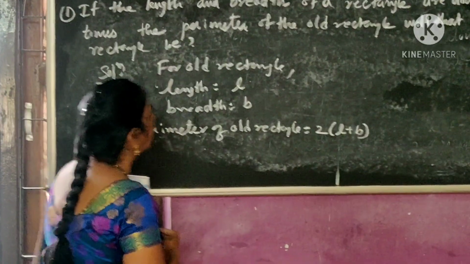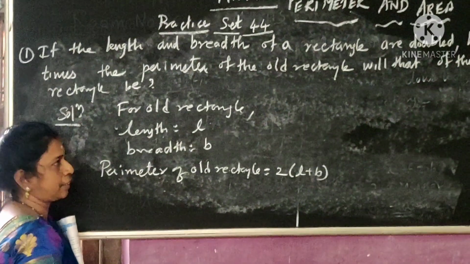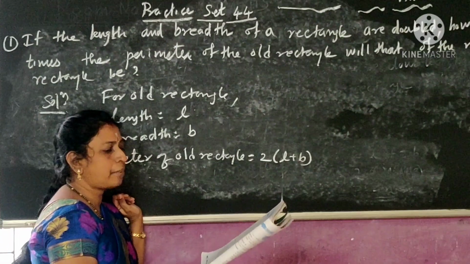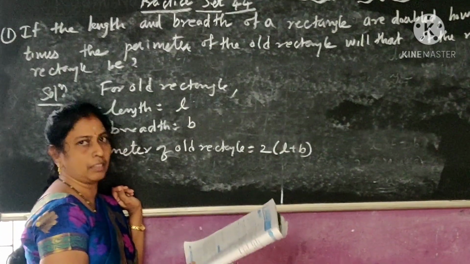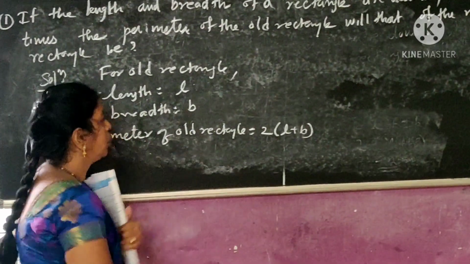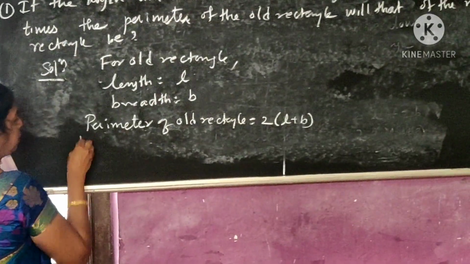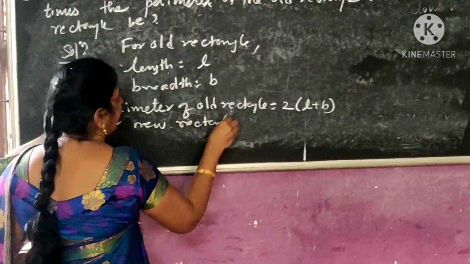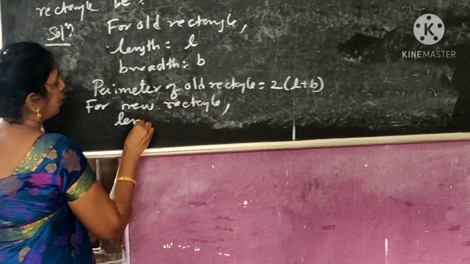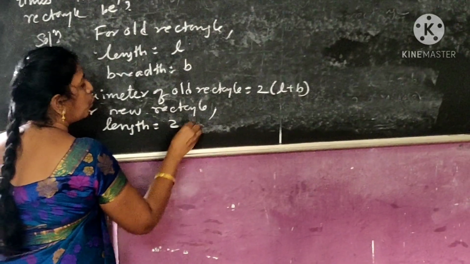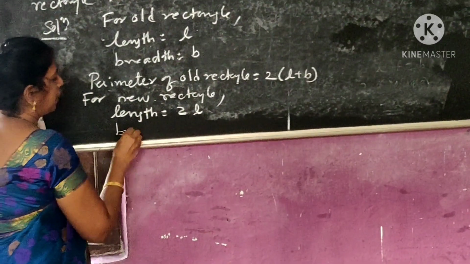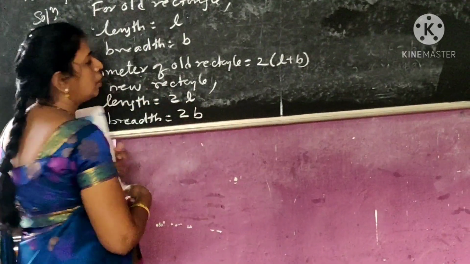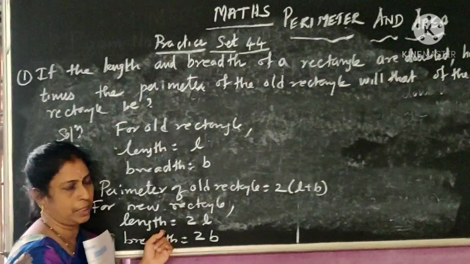Now we will find out the perimeter of the new rectangle. Now it is given what? If the length and breadth of the rectangle are doubled, so they become twice. So for the new rectangle, the length will become 2L and breadth will become 2B because the length and the breadth are doubled.